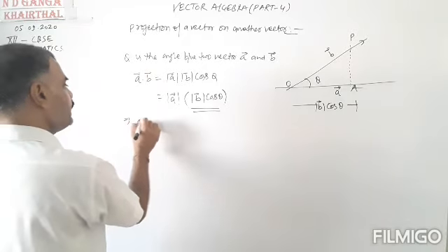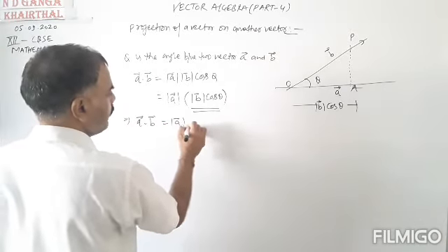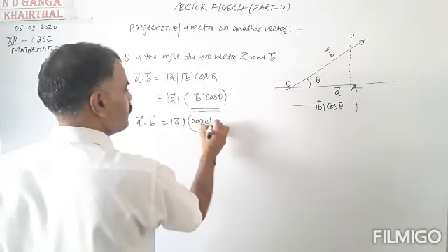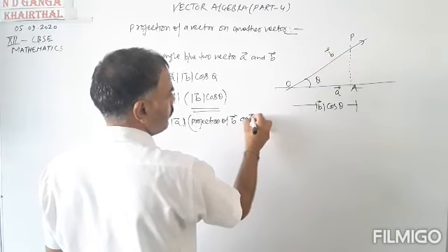So it can be written down as A vector dot B vector equals magnitude of A vector times the projection of B vector on A vector.